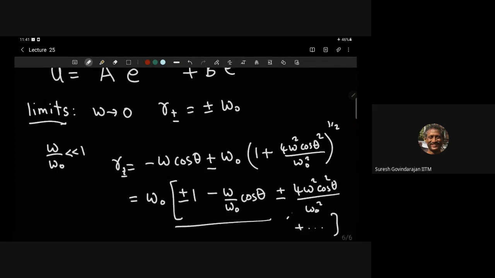If you want, we can even neglect this because it is going to be even smaller. Again, you can now see why we computed omega by omega naught earlier.